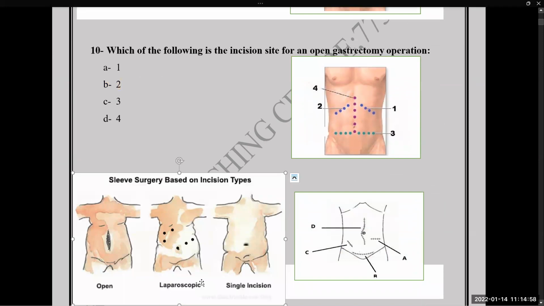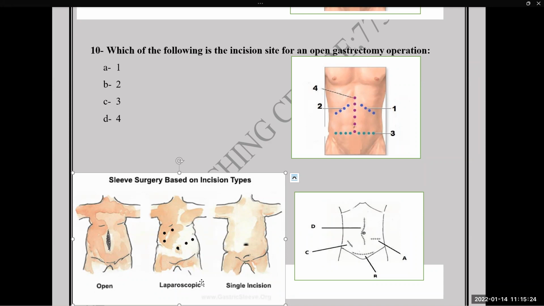Question 10. Which of the following is the incision site for open gastrectomy? Open gastrectomy. D. See in the below picture, sleeve surgery based on incision type. You can just imagine and compare that. The first picture is open sleeve surgery.